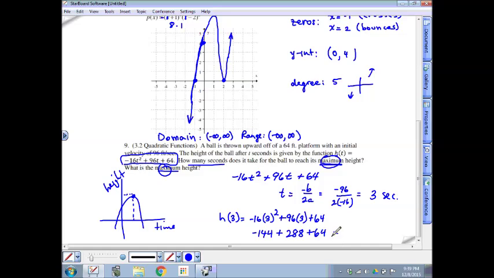So this is 144 plus 64, which is 208 feet. That's the maximum height.